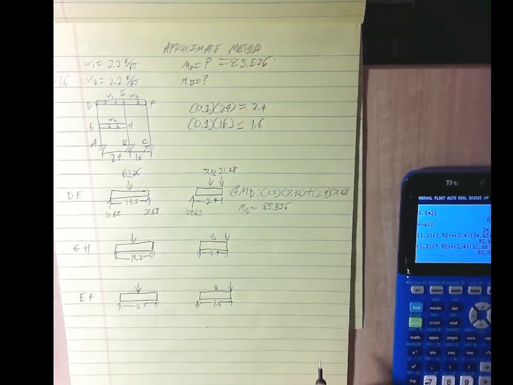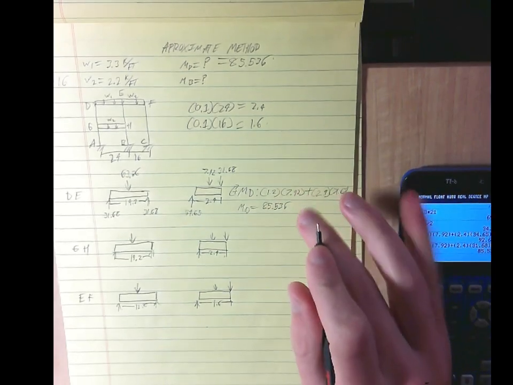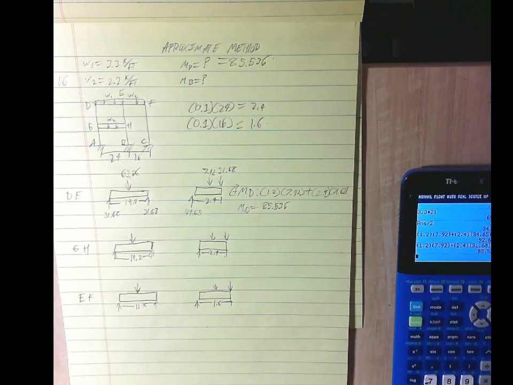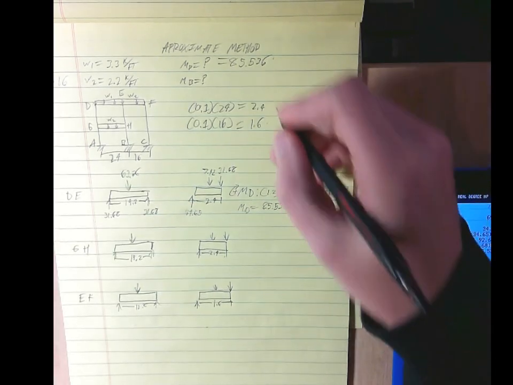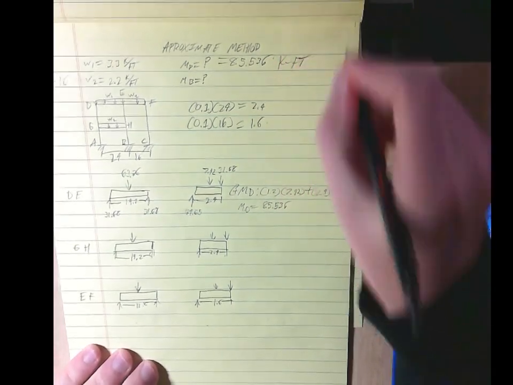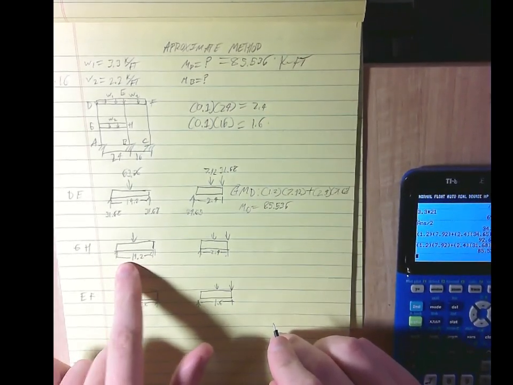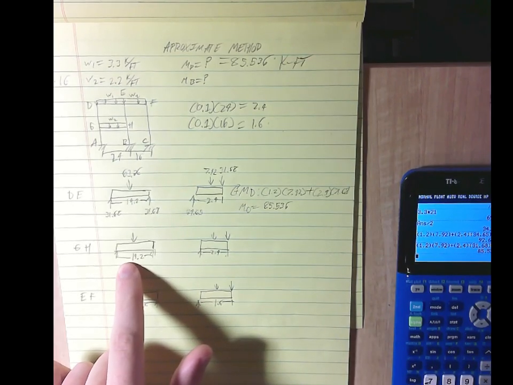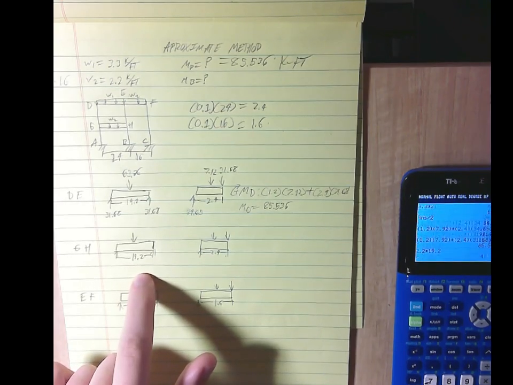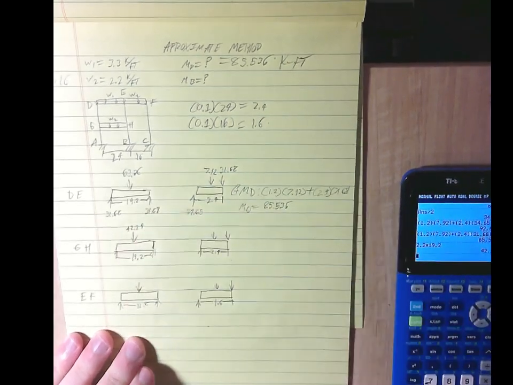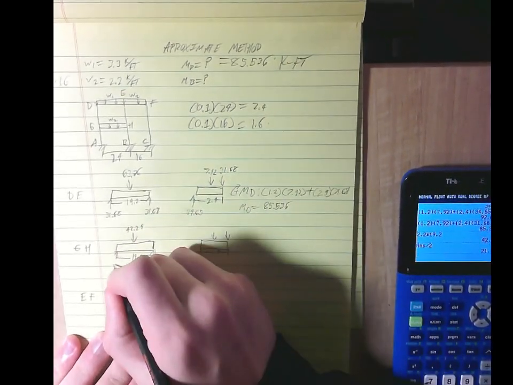So now moving on, and I believe this is going to be kip per foot. Now let's find, let's see right here. We have 2.2 times our 19.2, 42.24, divide that by 2, we're getting 21.12.